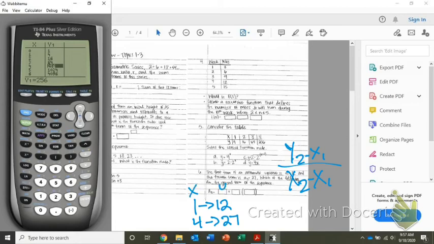This is an x, this is a y, this is an x, and this is a y. 27 minus 12 over 4 minus 1. 15 over 3, which simplifies to, it's kind of hard to see, simplifies to 5. Okay, so now we know that our common difference is the number 5.